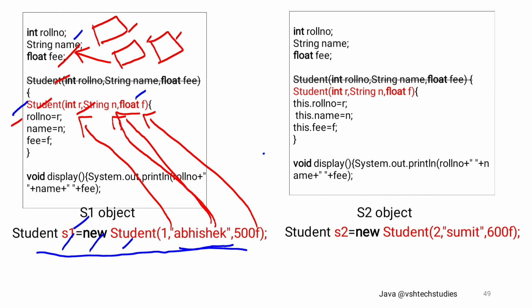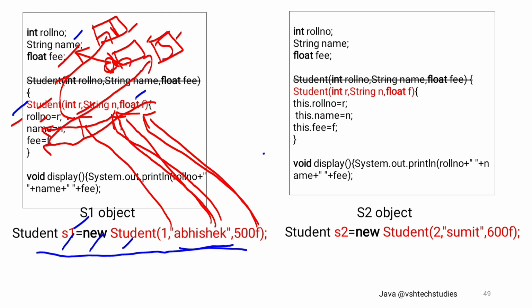Roll number equal to R means R has 1, so roll number equal to 1 goes to this data field and 1 is copied here. Similarly, Abhishek in N goes to the name data field. Similarly, 500 in F is assigned to fee, so in the fee data field we get 500.